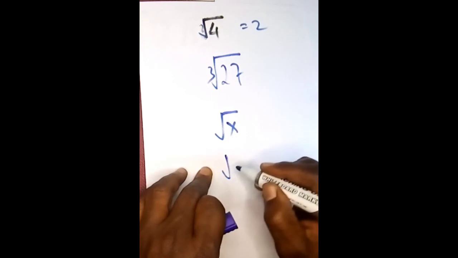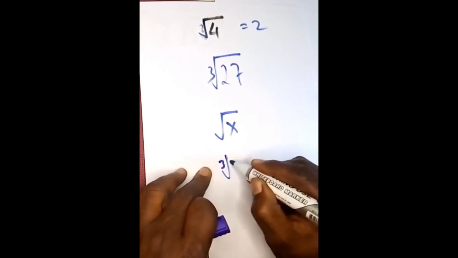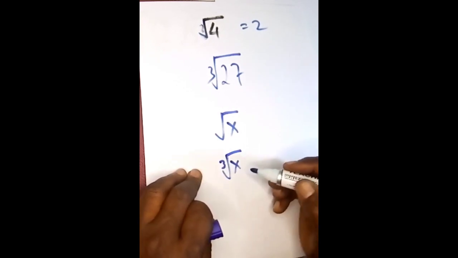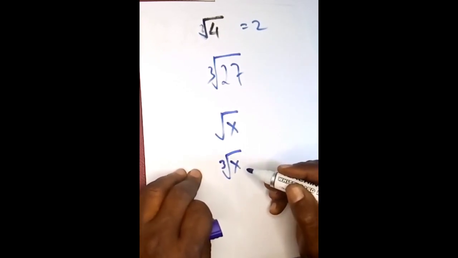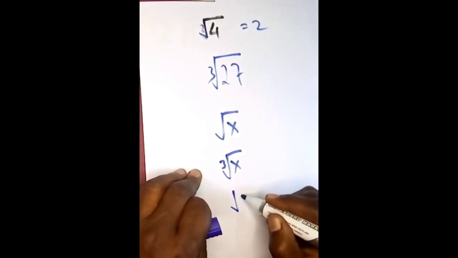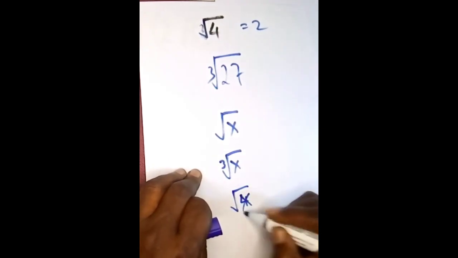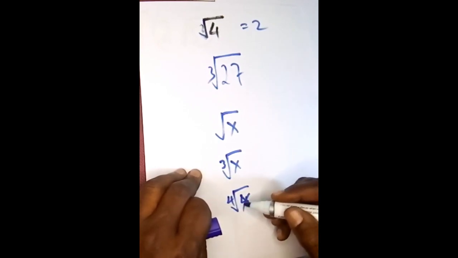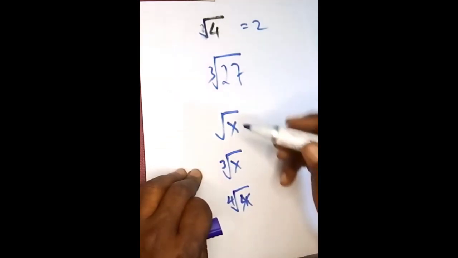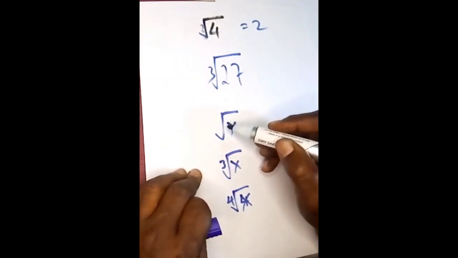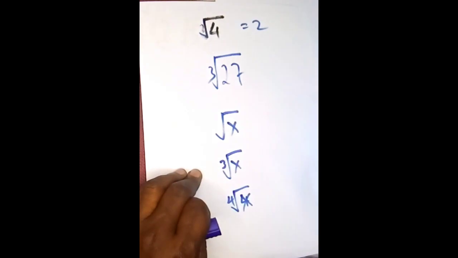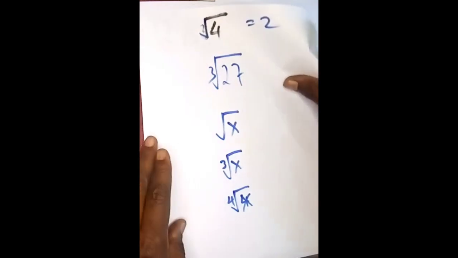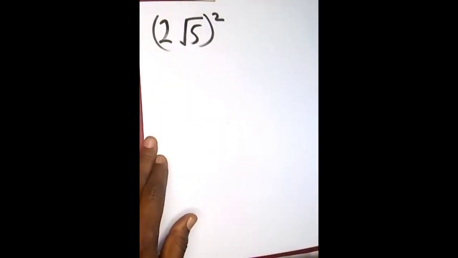If you have this, it is cube root. We are being asked to evaluate cube root of this number. If you have this, you are being asked to evaluate the 4th root of this number. But when nothing is attached to the root sign, you are being asked to evaluate the square root. I hope that makes sense, and with that we'll now go back to the original expression.